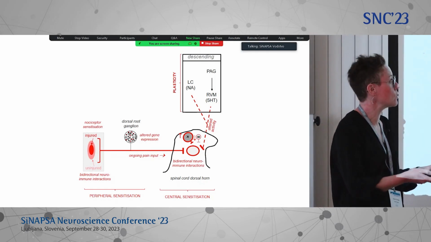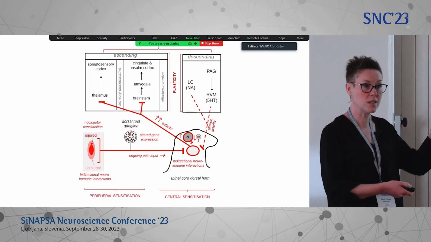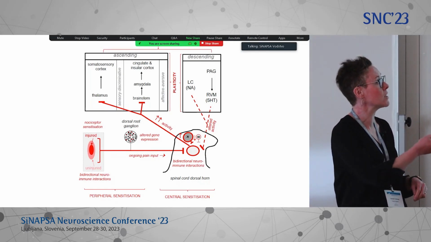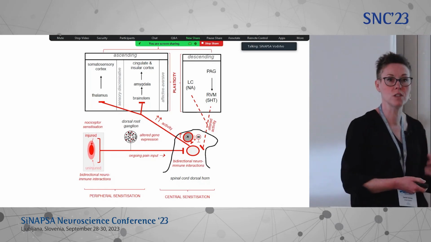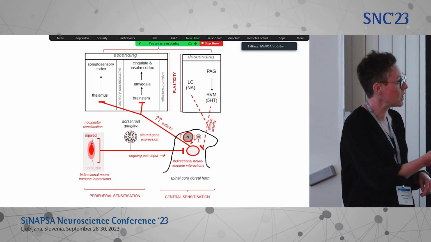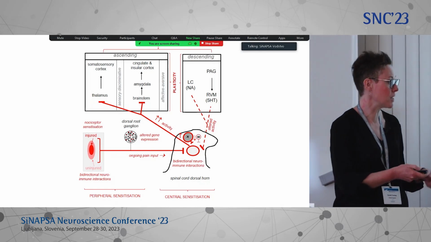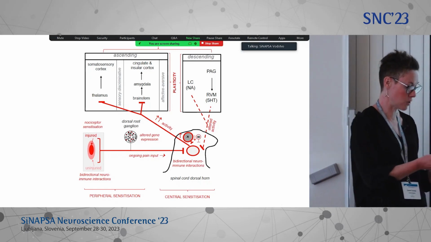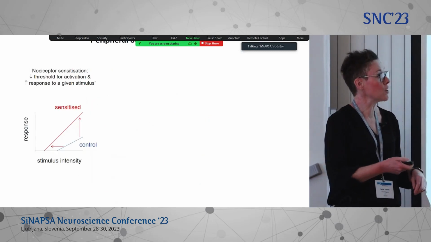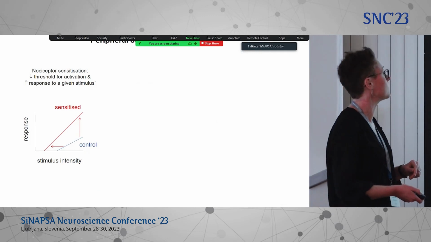So as a result of this plasticity, there's increased activity in those ascending pathways to higher centres that also induces plasticity in these regions. So that plasticity at spinal and higher centres is termed central sensitization. So first, we'll take a closer look at peripheral plasticity.